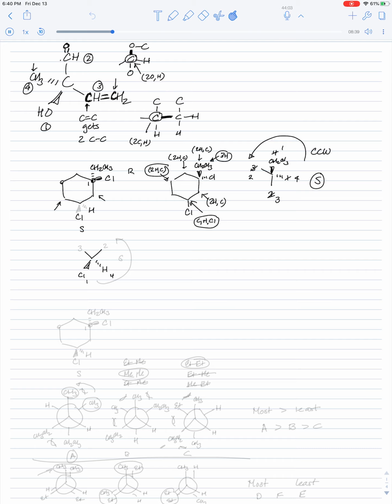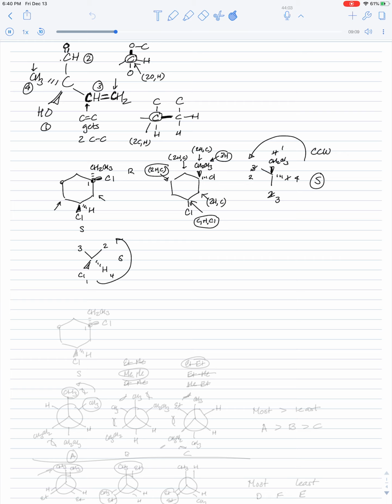That wins versus that one. That carbon has a chlorine and a carbon and another carbon versus 2 H's and a C. So that means this group is going to be number 2. That group is going to be number 3. In this case, what did I get? I got S, so I guessed right. And if I didn't guess right, I would just simply change the bold and dashed.